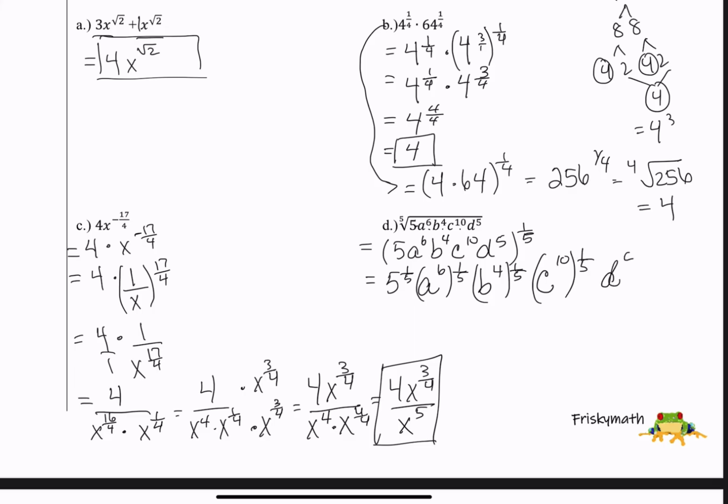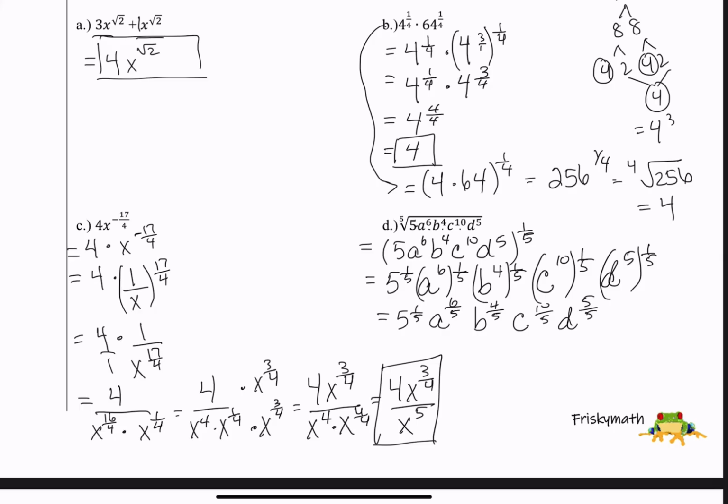And D to the 5th gets raised to the 1/5 power. All right, there's nothing I can do about 5 to the 1/5. That just stays. Now I've got A to the 6/5. I'll write that out for now. I've got B to the 4/5, just using the power of a power property. I've got C to the 10/5. And I've got D to the 5/5.